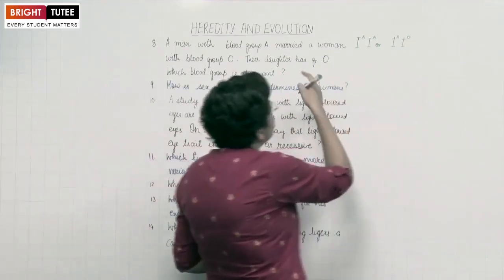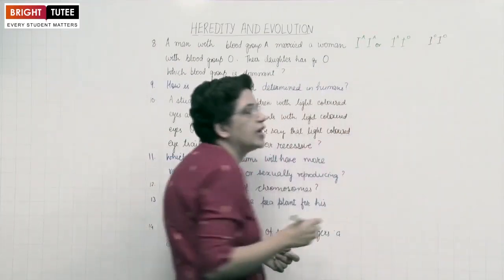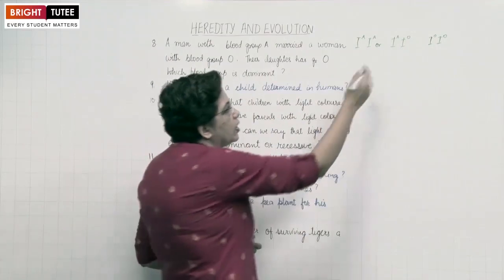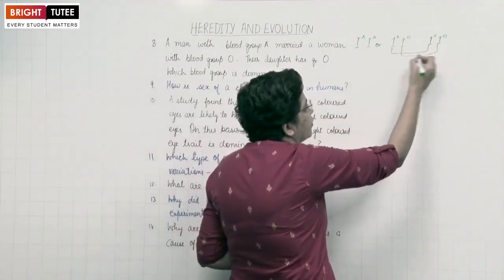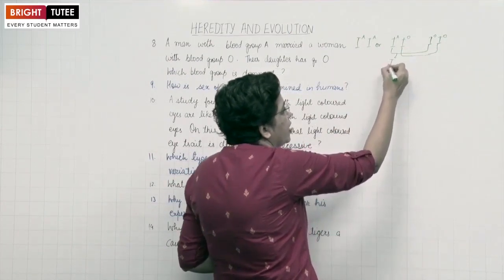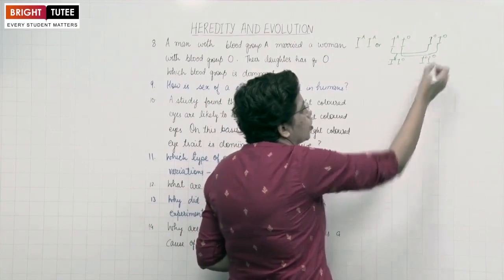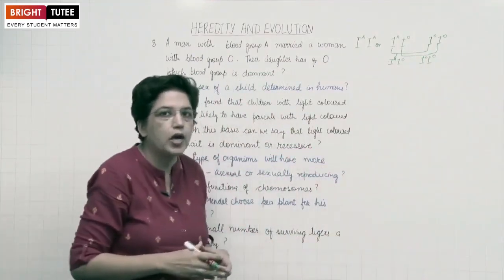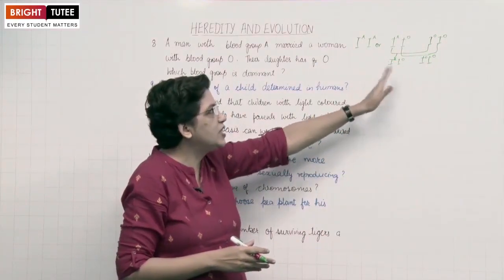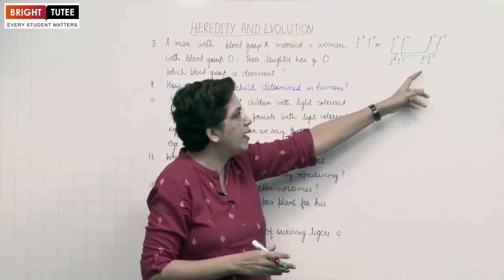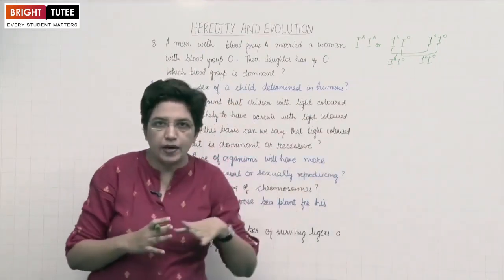And the mother, since she has blood group O, means the mother has pure recessive genes. So the chances of combination are 50-50, that the offspring will have this combination or just both O combination. You got it? So in these two cases, in this case the child will have O, in this case the child will have A blood group.